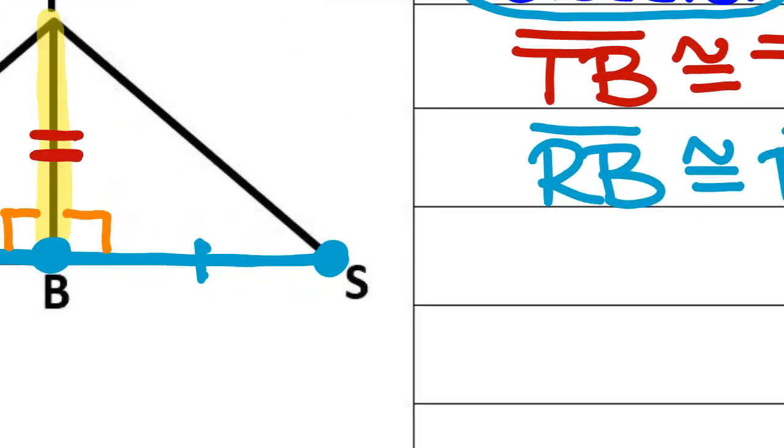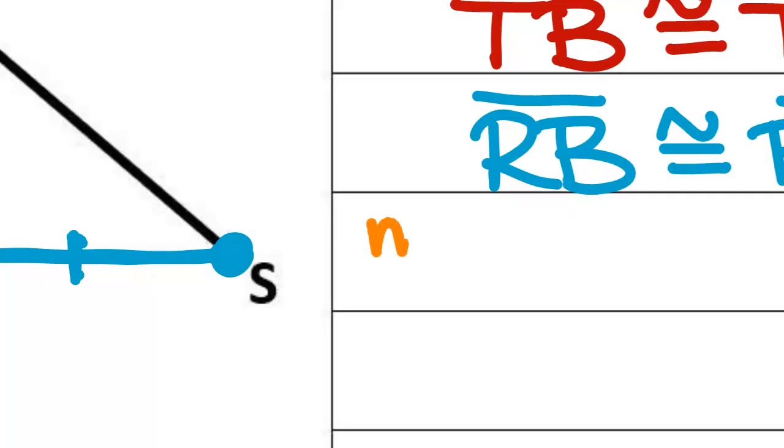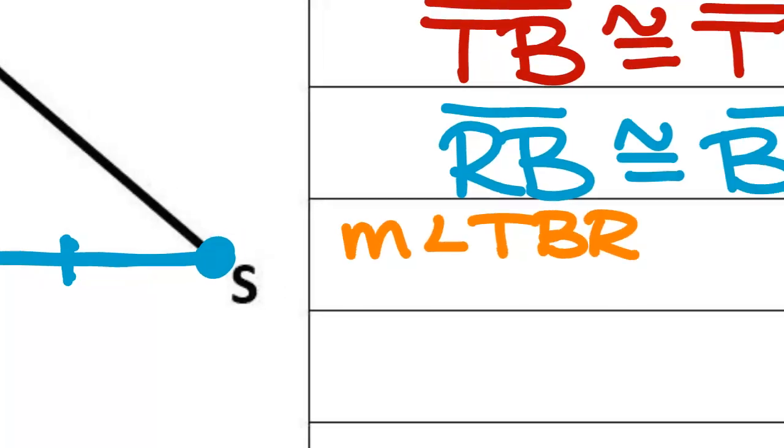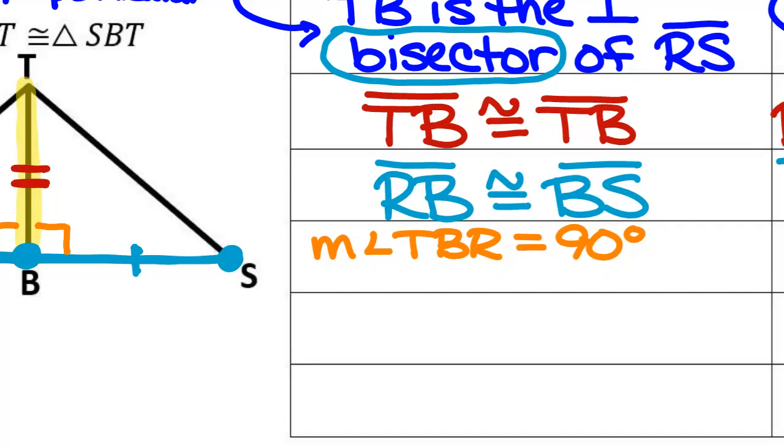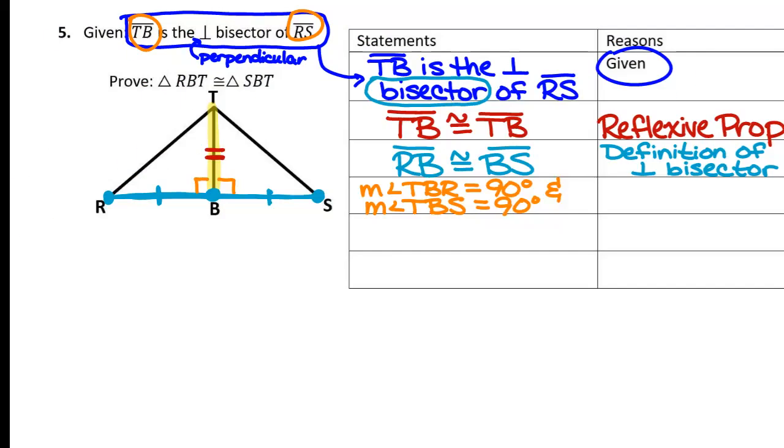I said that the measurement of angle TBR is equal to 90 degrees, and the measurement of angle TBS is also 90 degrees.